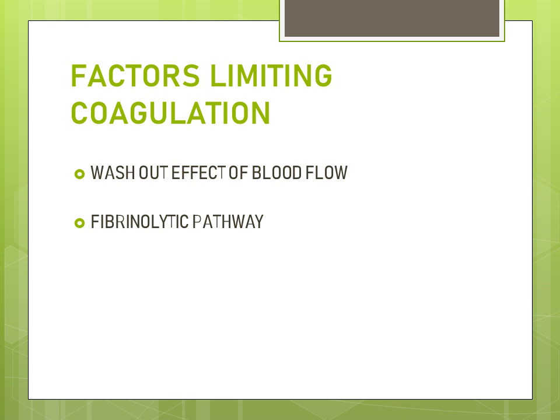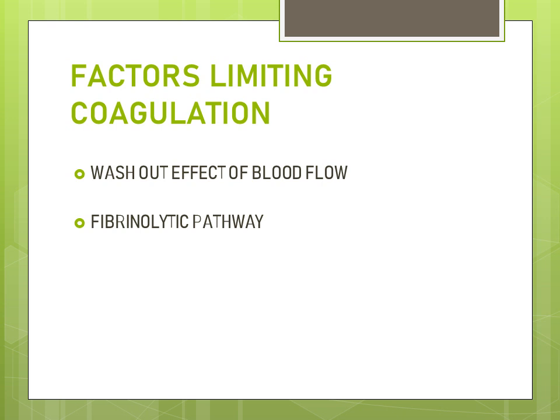One very important regulatory step present in our body is the washout effect of the flowing blood. This blood flow washes out the activated coagulation factors, and those are ultimately removed by the liver. So this is one counter-regulatory mechanism, or a rate limiting step, of the coagulation pathway.